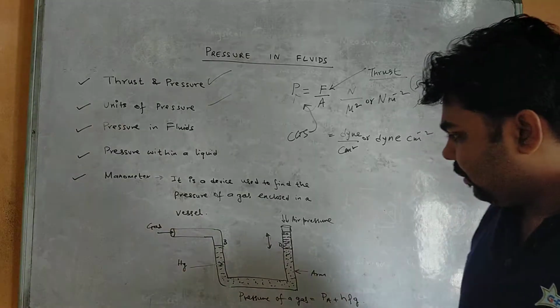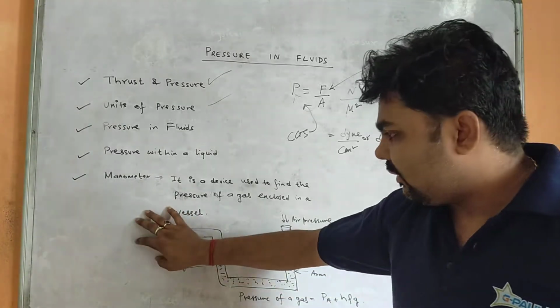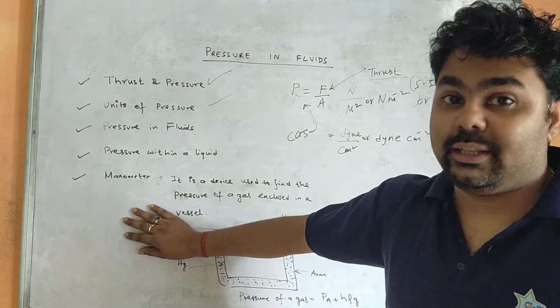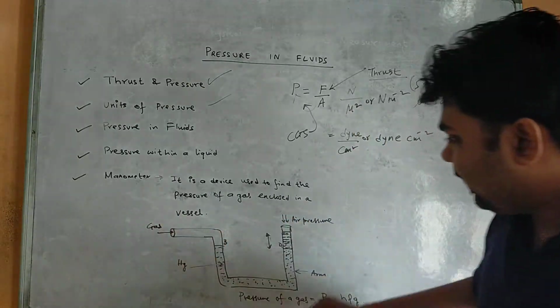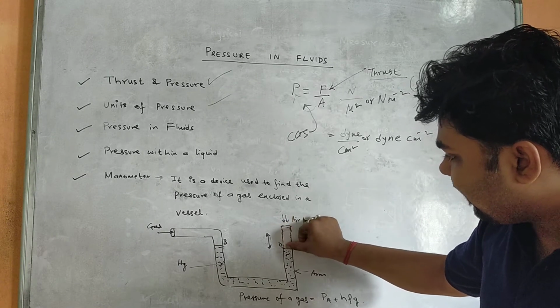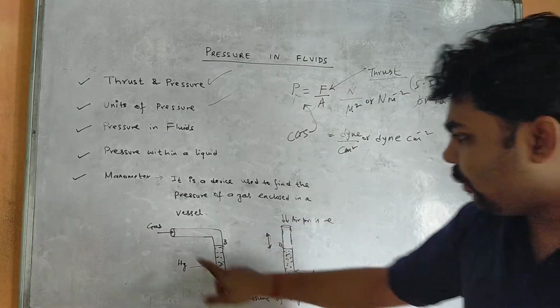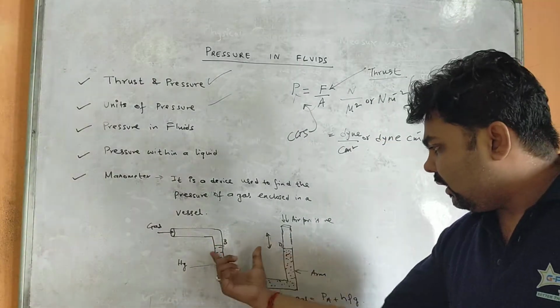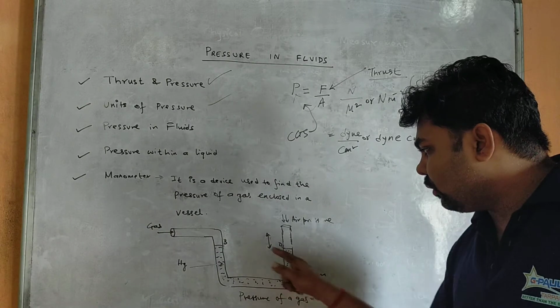Now in the initial case, when one end is not connected to the gas vessel, due to air pressure we will find that the mercury level is the same in both arms. When it is not connected with the gas vessel, I repeat, the level of the mercury in both arms will be the same.